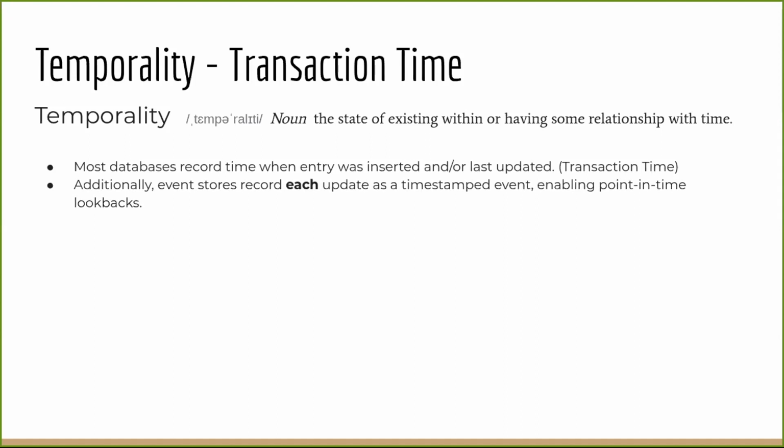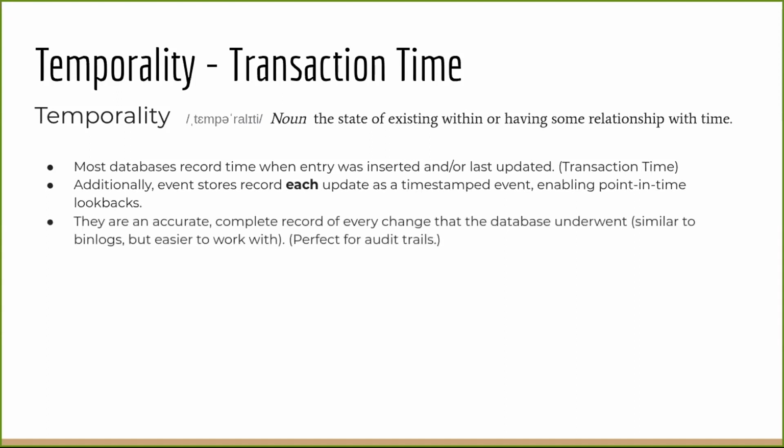Event stores take this a step further by keeping track of each and every update that any record has gone through, thereby enabling point-in-time lookbacks, so that you can query the event store for what a particular record looked like at any point of time in the past. Event stores do this by recording a series of events, and those events are time-stamped.